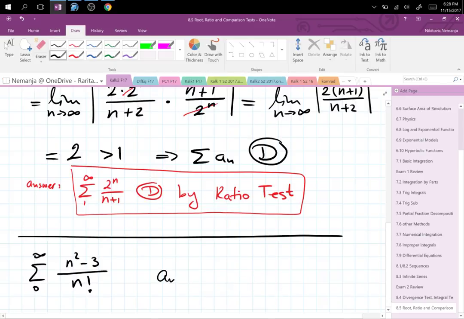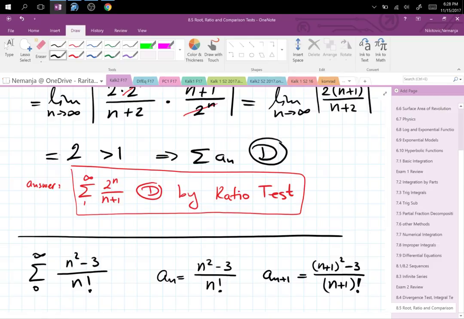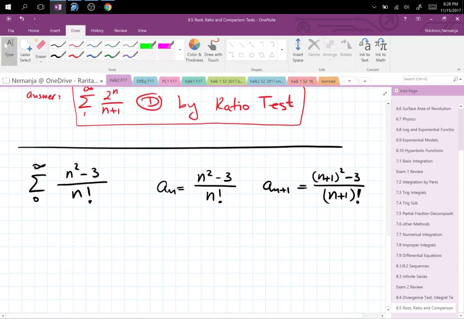We go and say an is equal to n squared minus 3 divided by n factorial, and an plus 1, which is the next term, is n plus 1 squared minus 3 divided by n plus 1 in parentheses factorial. And now we set up the limit.